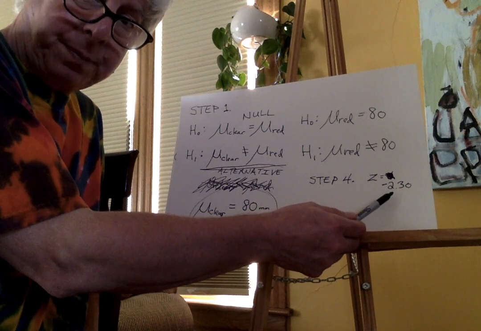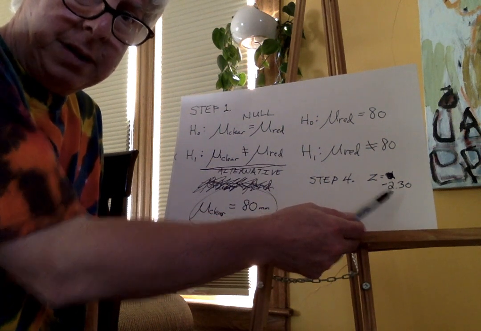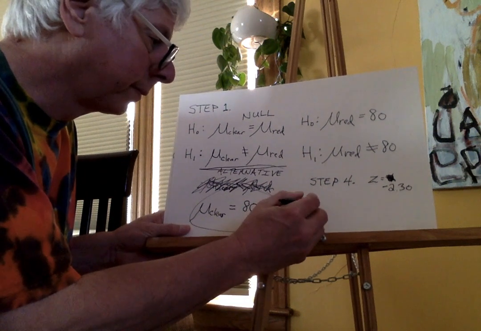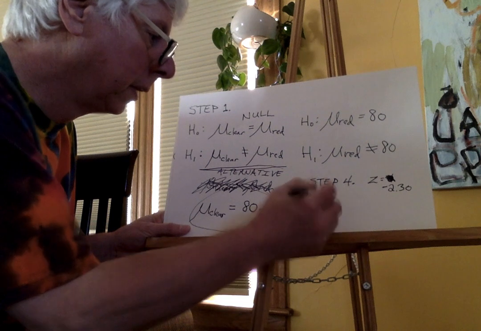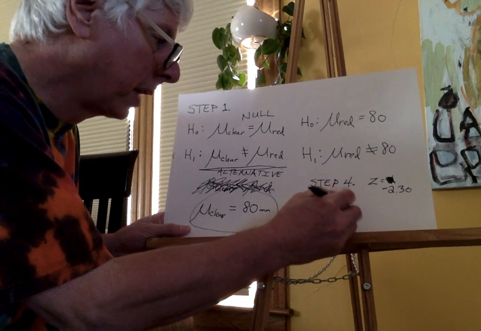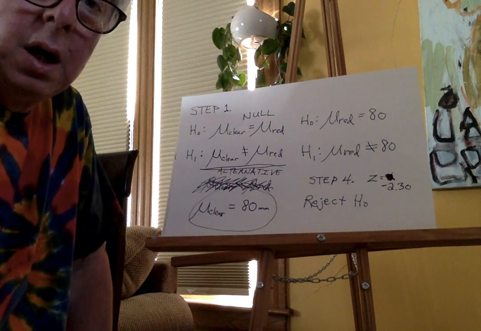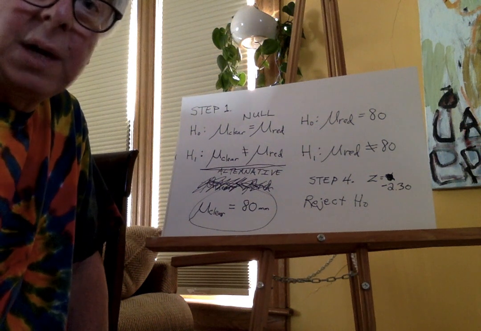Our sample was at a z-score of negative 2.3, okay? So in this case, we're going to reject the null hypothesis.